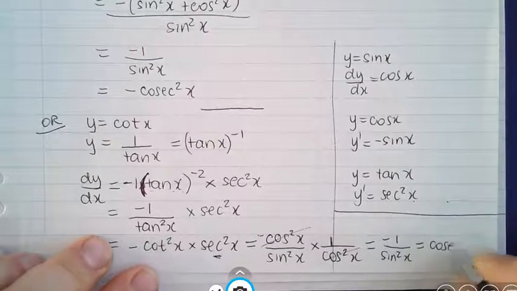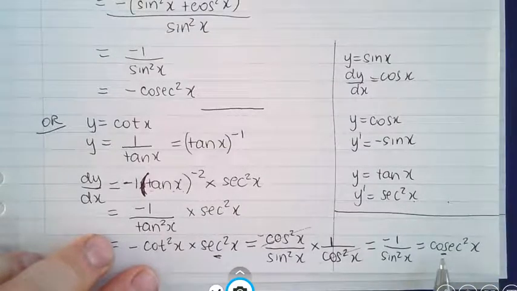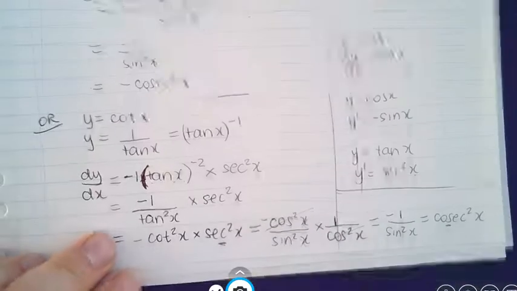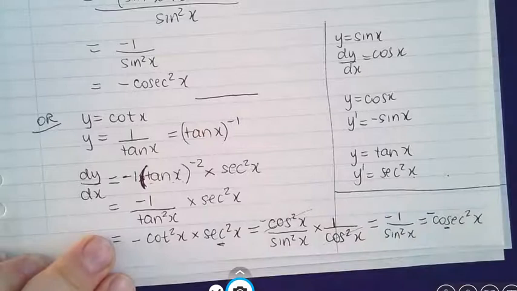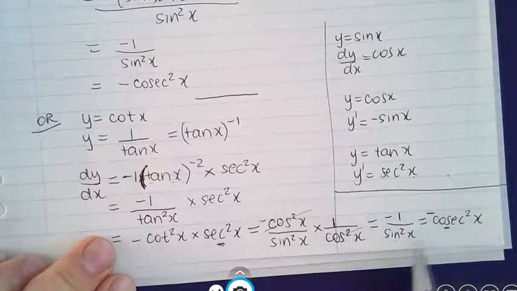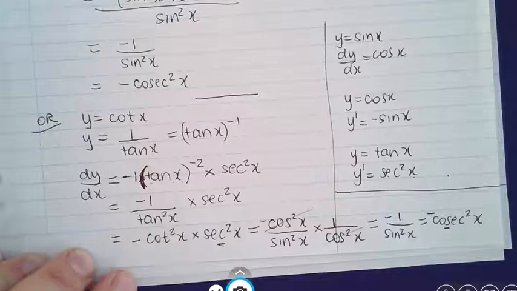Cosec squared x. Remember, the third letter of cosec is an S, so it's the reciprocal ratio for sine, and it's negative, by the way, because it's negative 1 on sine squared x.